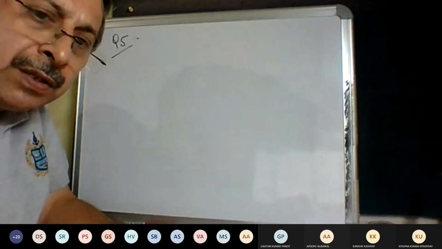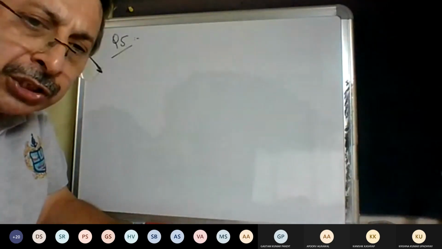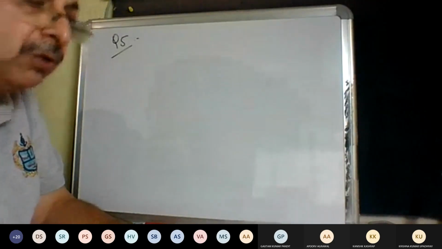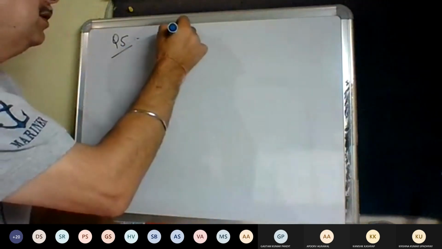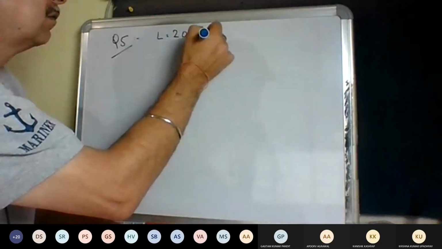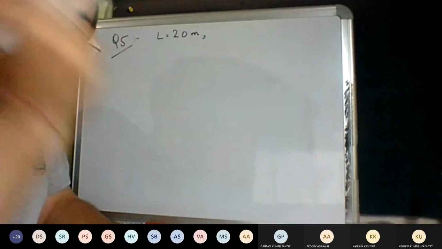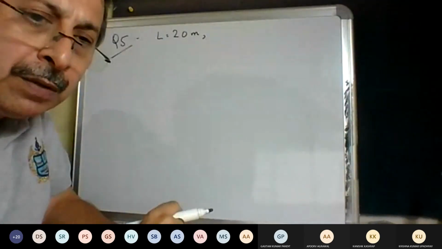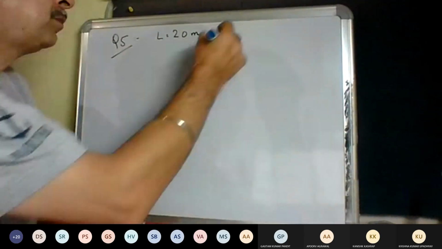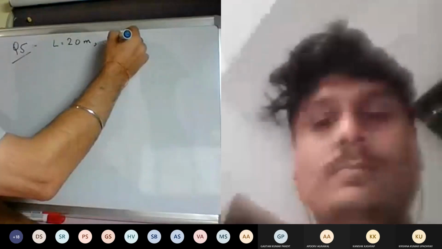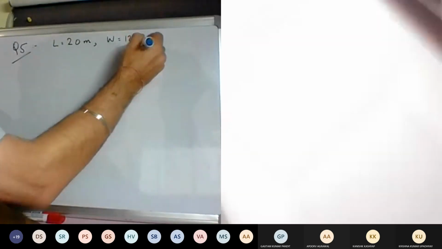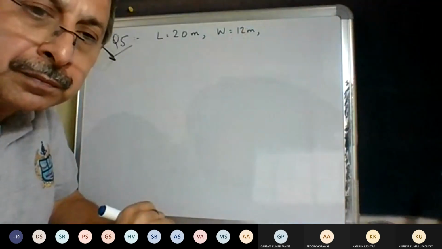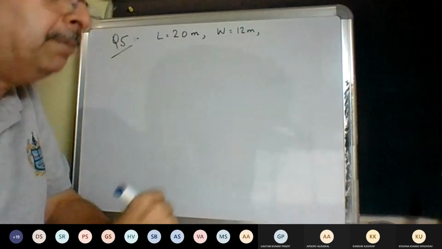Question number 5. It says there's a barge of triangular cross section 20 meter long. So length is 20 meters. And 12 meters wide. And 6 meter deep.